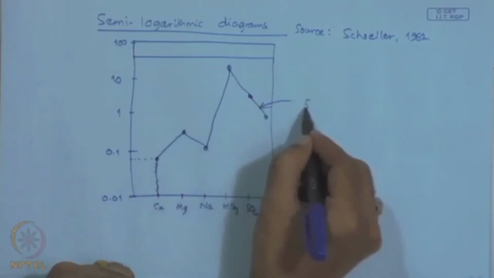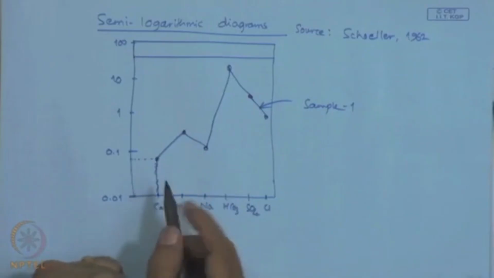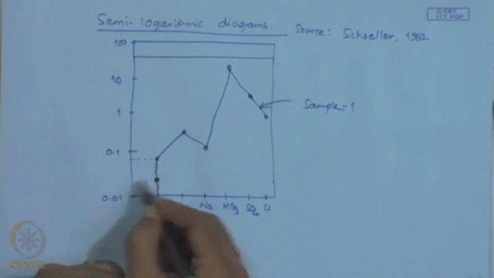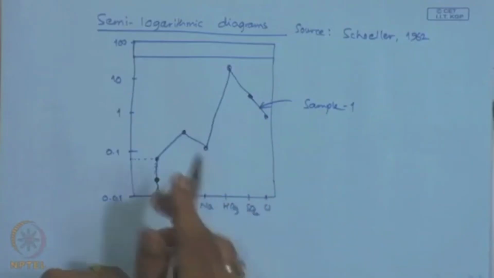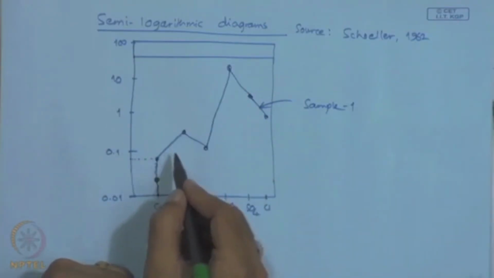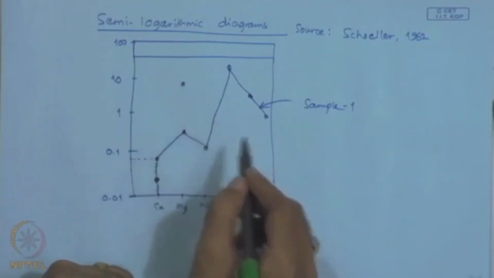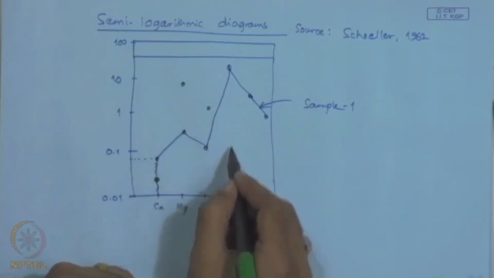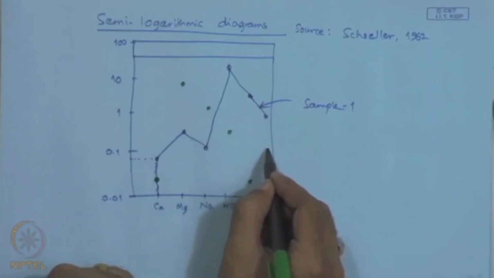So this could be sample 1. And similarly for another sample, the calcium ion concentration could be this much as indicated in this scale, and again the magnesium ion concentration could be this much, the sodium ion concentration this much, the bicarbonate ion concentration this much, sulfate ion concentration this much, and the chloride ion concentration this much.